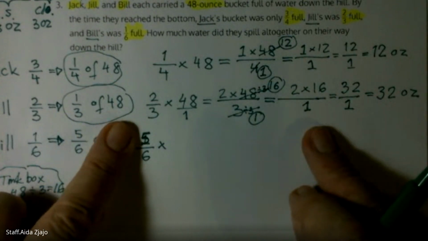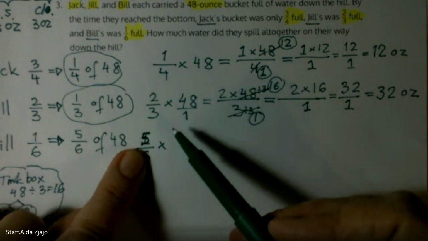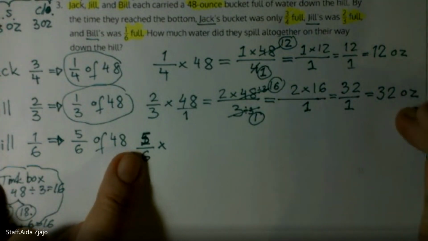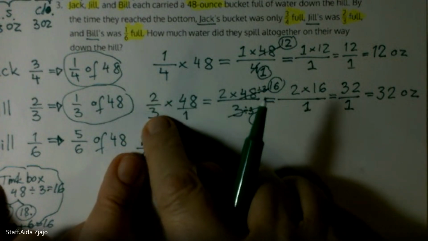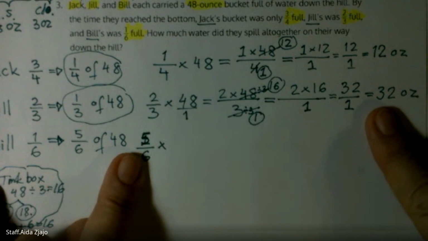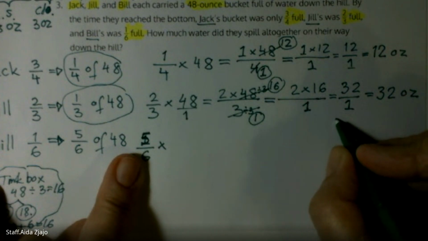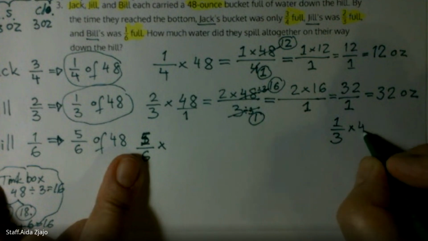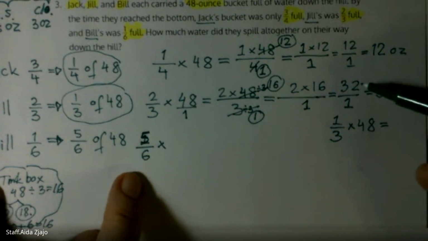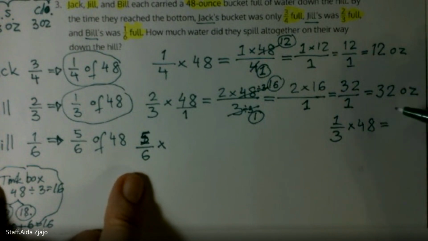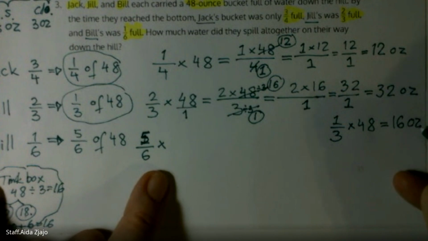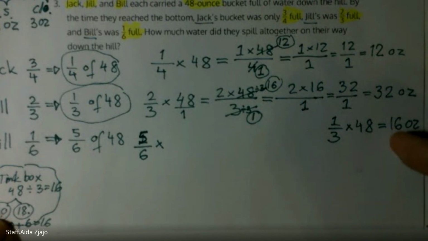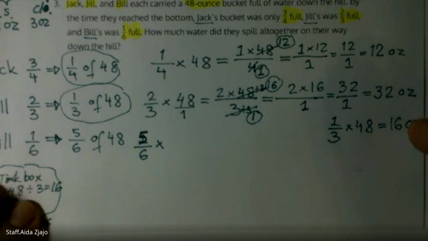But that's not a problem, because if you know 2/3 is 32 ounces, you can easily find that 1/3 is half of 2/3. If I think about what is 1/3 of 48, if 2/3 is 32, it should be 16 ounces. So this is what she had, and this is what she lost. Okay, I fixed my mistake.